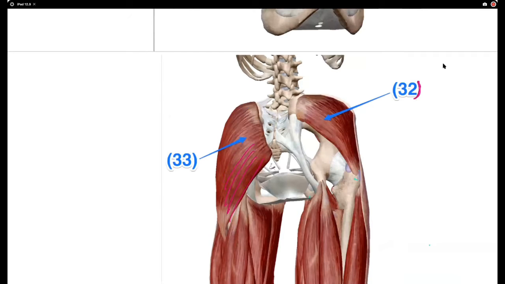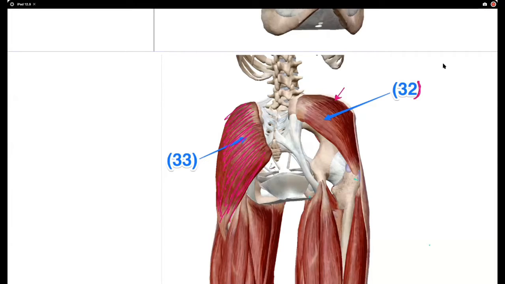So if you remember, what did we identify number 32? This is a muscle located in the buttocks, and something related to the buttocks was gluteal. So we call it the gluteus. And we did have three muscles in the gluteal region. One of them was large, the most superficial of them, number 33.